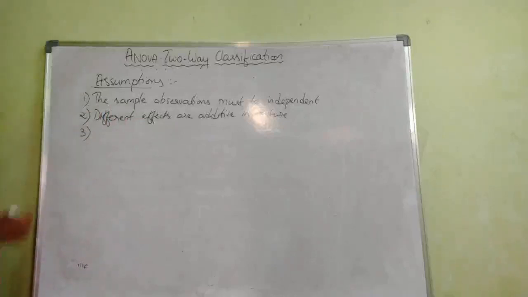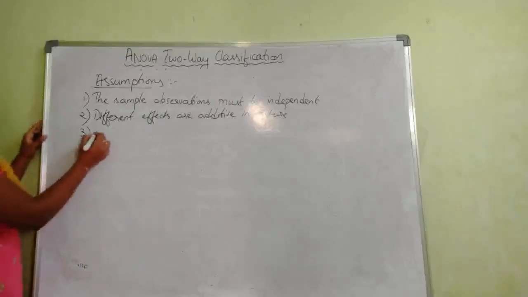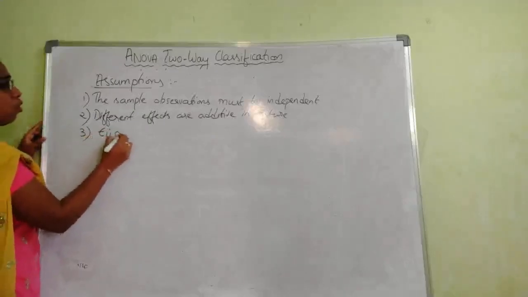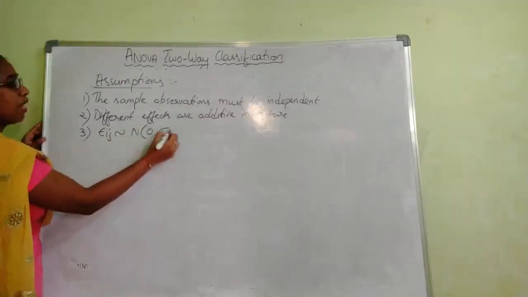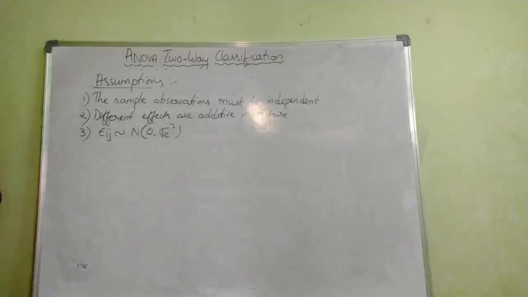And the third and the most important one is epsilon ij follows a normal distribution with mean 0 and variance sigma square e. What does it mean?